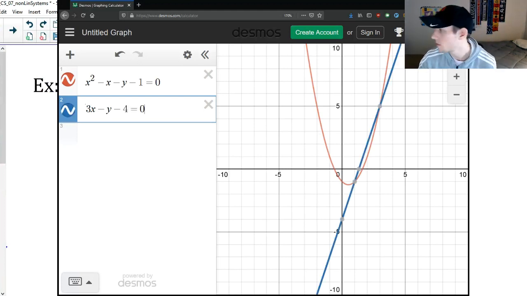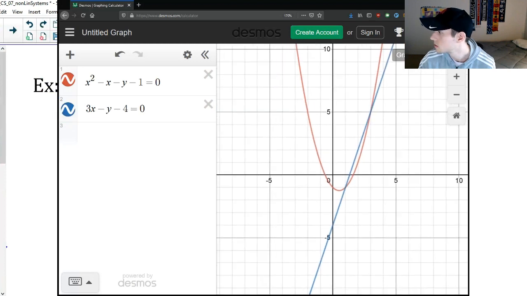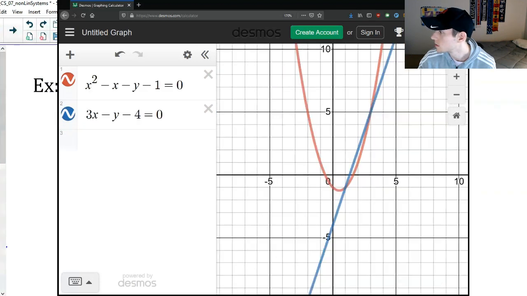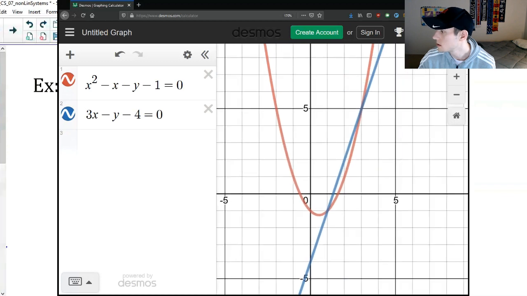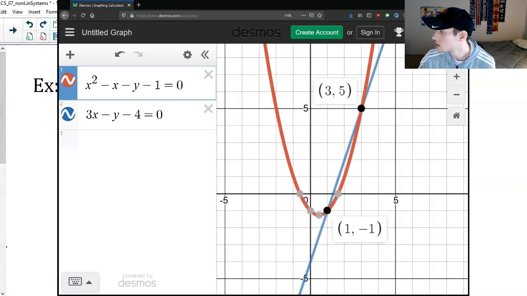Okay, so it creates this graph. And I can see these 2 curves, well, one's a curve and one's a line, intersect in 2 points. And what are those 2 points? Well, (3, 5) and (1, -1). Those are exactly the points that we just solved for. Okay, so that's what we're doing when we solve this system. We're saying this equation and this equation, where do they meet? Where do they intersect on a graph?